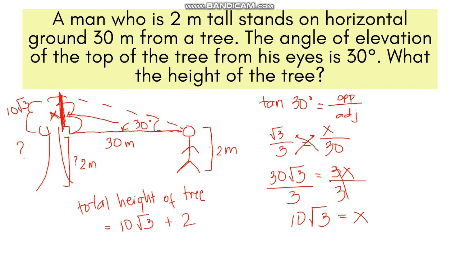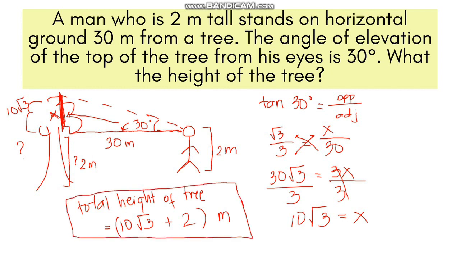So since we cannot combine this, this one now is our answer. So if you want, you can get the estimated value of this on your calculator. So estimated value of this is 19.32 meters.